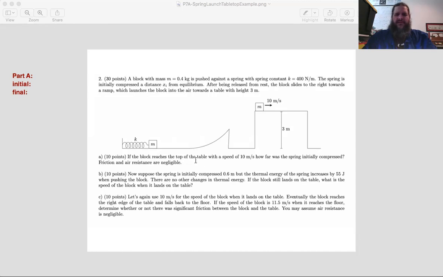But in part A, if we're just talking about the block being launched, what's the beginning of that launch and what's the end of that launch as far as what we're considering is concerned?